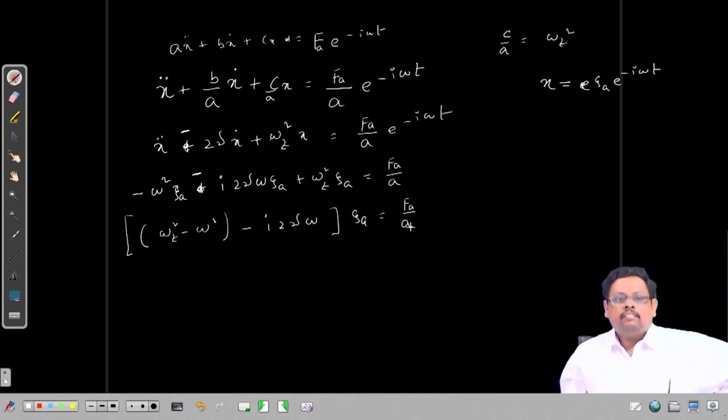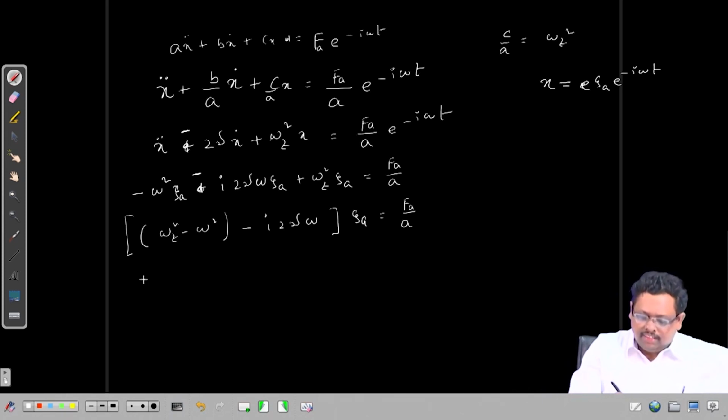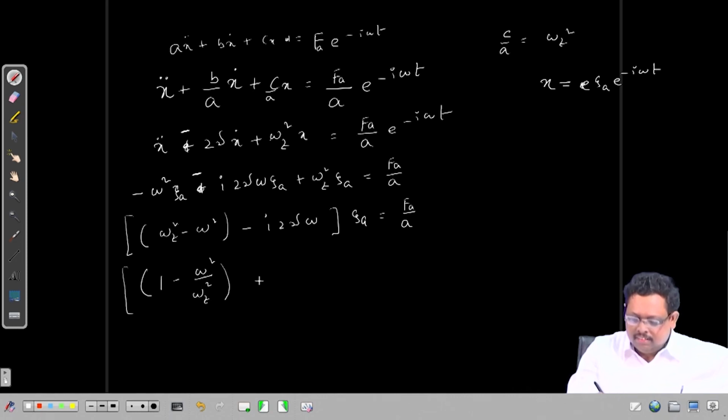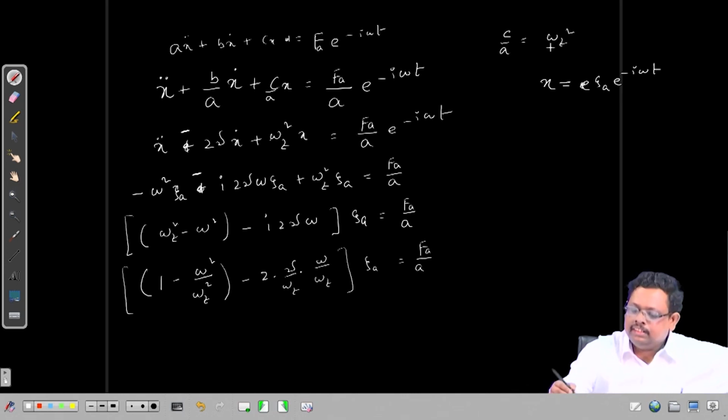Now, I do a little bit more modification, I just divide everything by omega z squared. Then what I get is 1 minus omega square by omega z square minus 2 i into nu by omega z into omega by omega z, into xi a equal to f a by a. Now, remember omega z square is equal to c by a.